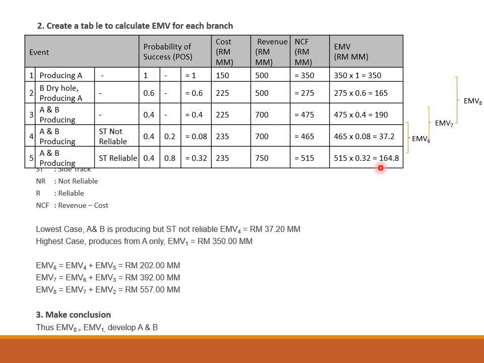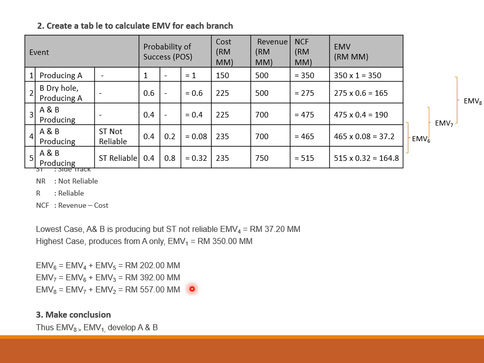Now, to roll back from right to left, you combine EMV5 and EMV4 to get EMV6, which is 202 million. To get EMV7 is EMV6 plus EMV3. So this is 202 million plus 190 equals to 392. And then to get EMV8, it is EMV7 plus EMV2, okay, equals to 557.